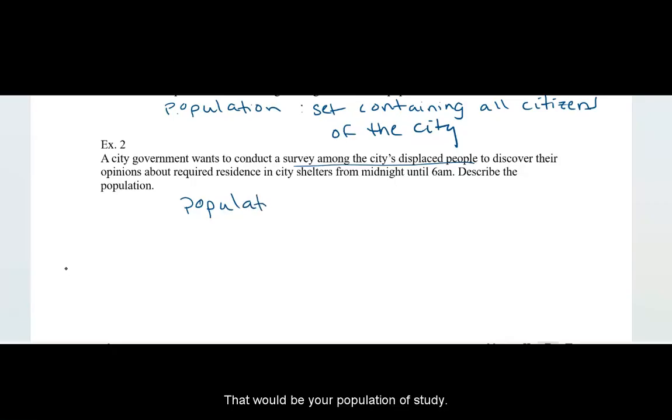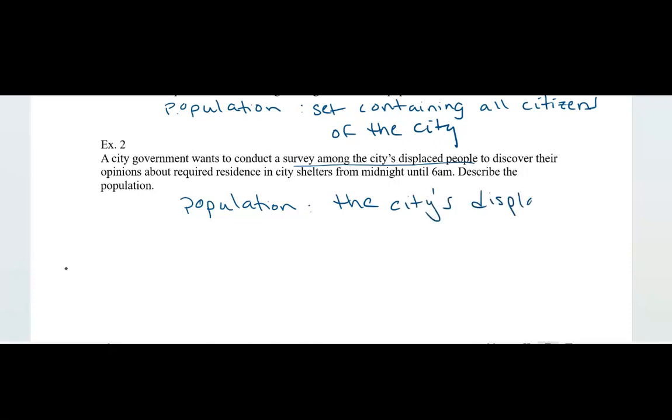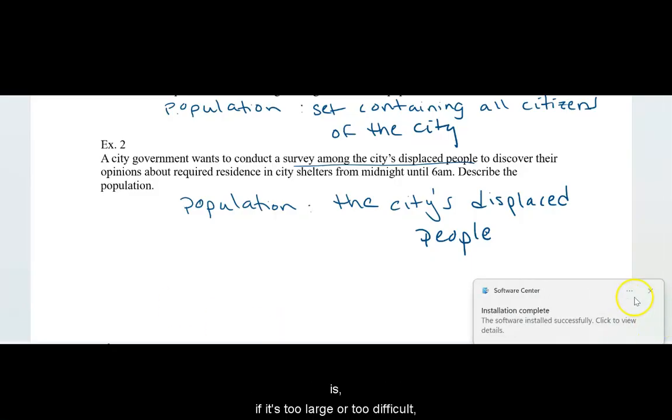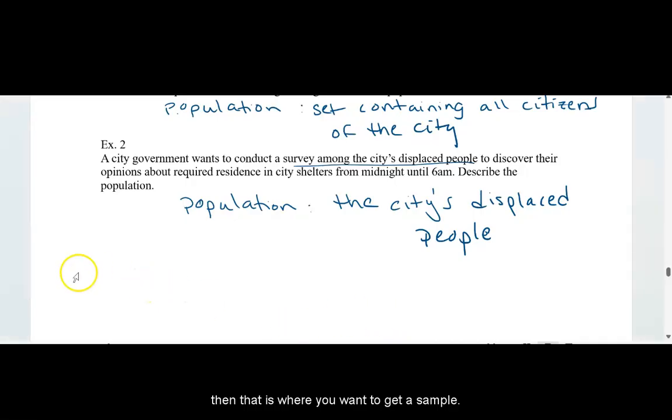That would be your population of study. Again, that would be the population, but depending how big that is, if it's too large or too difficult, then that is where you want to get a sample.